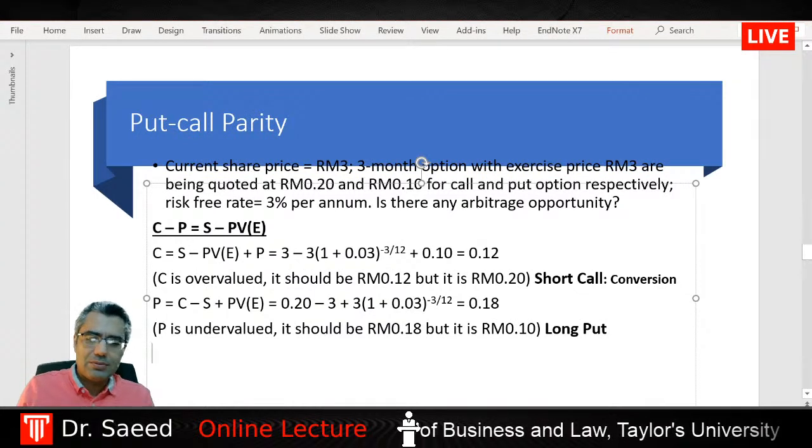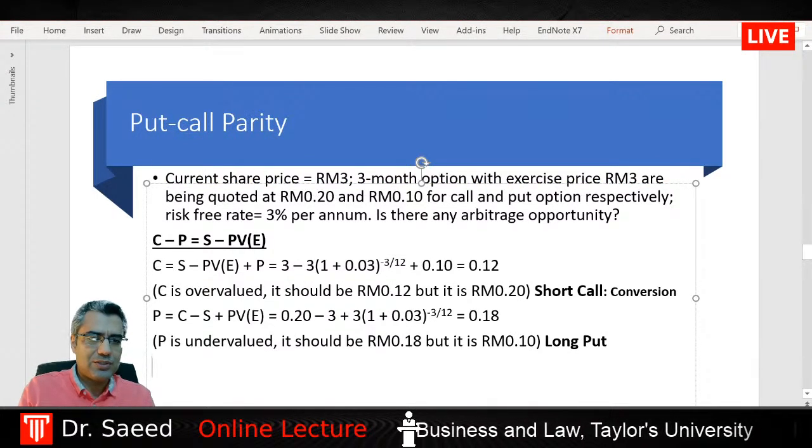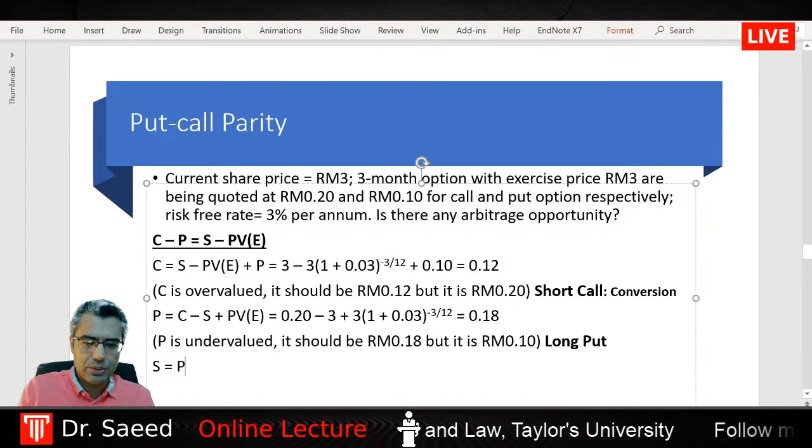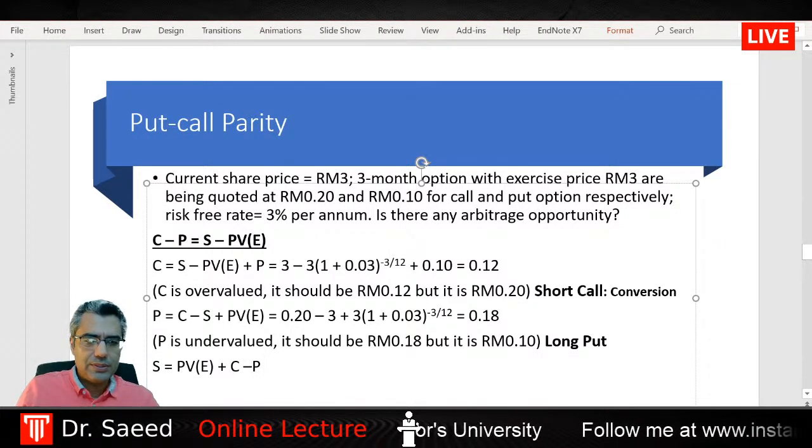And let's compute the stock price as well. Again, using the same put call parity equation, I can compute the stock price or spot price: present value of exercise price, plus call, minus P. So we are using the same formula.